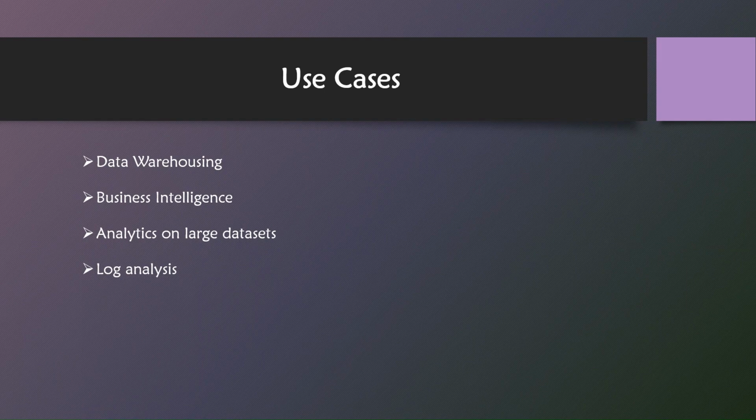With Redshift's ability to scale and query large data sets efficiently, businesses can gain actionable insights from log files in near real time. So these use cases highlight Redshift's versatility and ability to handle a variety of data processing and analysis needs across different industries.